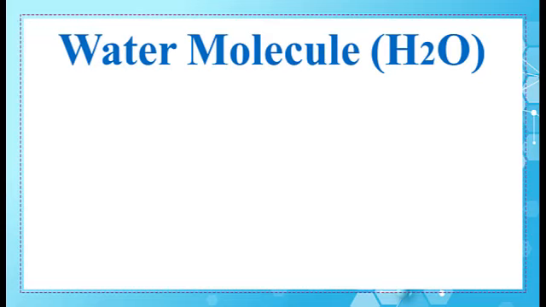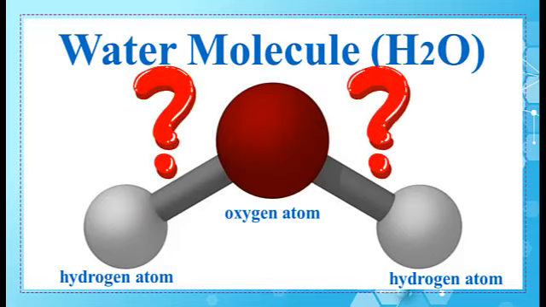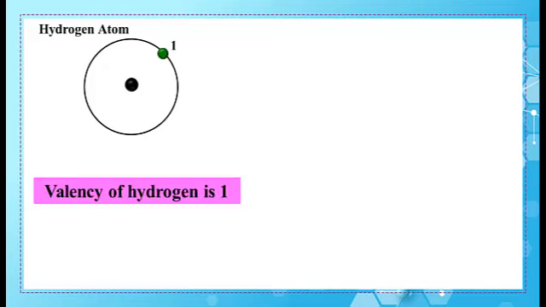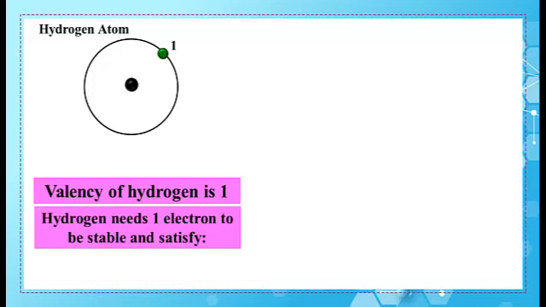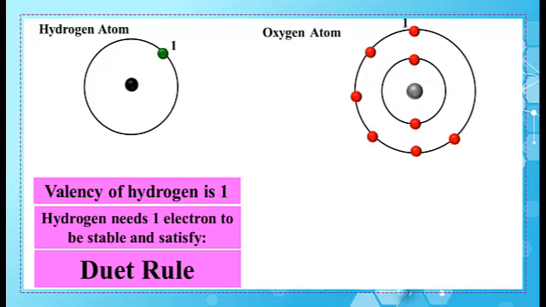Now consider a water molecule H2O made up of 1 oxygen atom and 2 hydrogen atoms bonded to each other. What is the type of these 2 bonds? Hydrogen atom has only 1 valence electron on its valence shell, so the valency of hydrogen is 1, since hydrogen needs only 1 electron to be stable and satisfy the duet rule, which is stability with 2 electrons, while oxygen atom has 1, 2, 3, 4, 5, and 6 valence electrons on its valence shell.